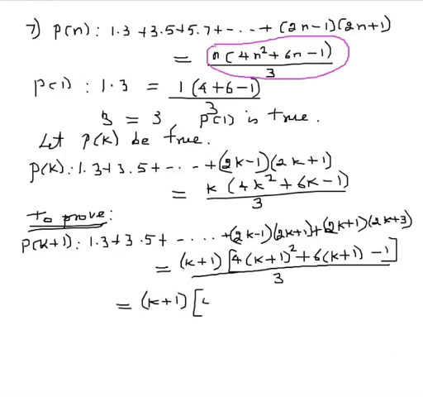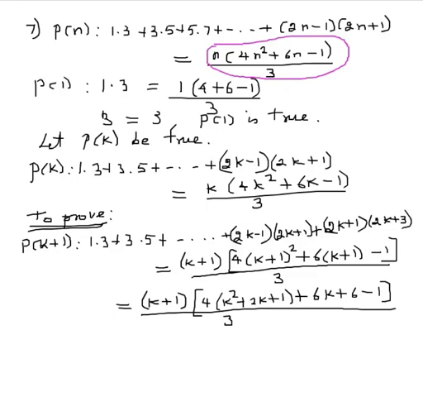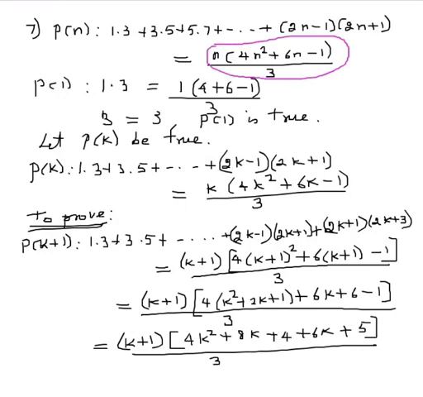So k plus 1, let us expand. It becomes k square plus 2k plus 1, and this is 6k plus 6 minus 1, divided by 3. Four k square, and here let me expand and write 8k plus 4, 6k plus 6, 6 minus 1 is 5, divided by 3.